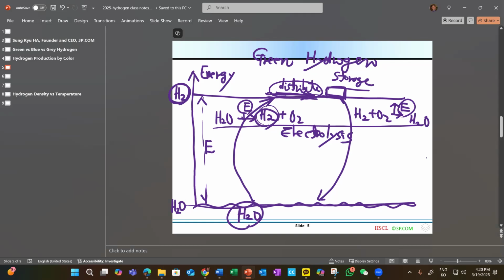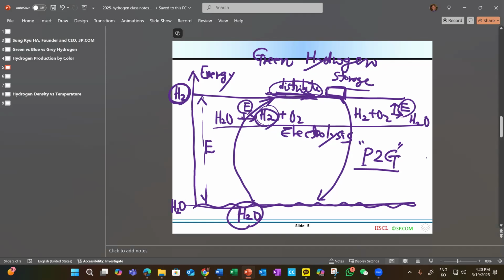So there is a concept of P2G. The P2G concept is important. Power to gas. Power means conventional electricity now converted into a gas. Gas means hydrogen. So P2G is the trend of the energy.